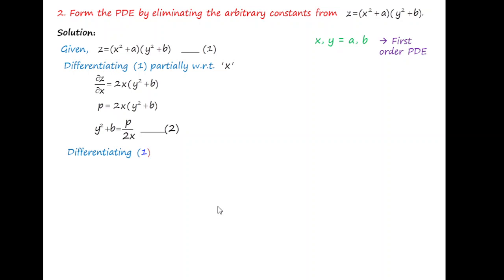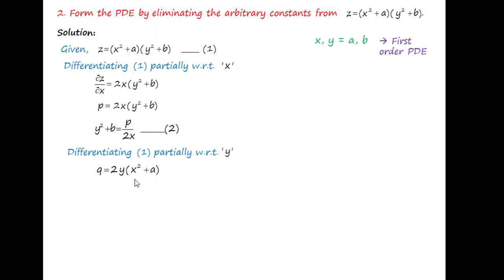Now we differentiate 1 again partially with respect to the other independent variable y. Here the differentiation of z with respect to y becomes dou z by dou y, which is taken as q, and these two terms are in product, and the differentiation is partially with respect to y. So x squared plus a is taken as constant.